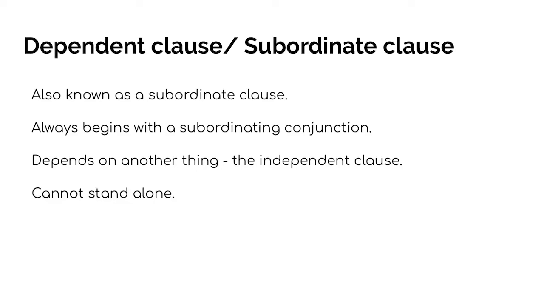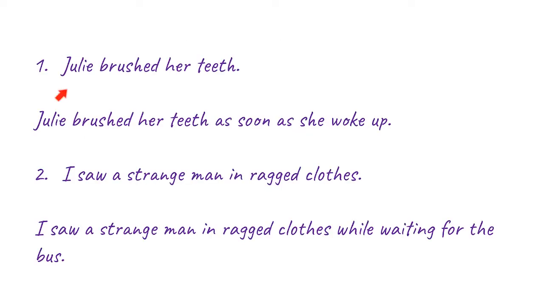For example, Julie brushed her teeth. As we discussed earlier, this statement is a complete thought and it can stand alone. So, we are going to join a subordinate clause or a dependent clause to this using a subordinating conjunction, and form a complex sentence. Read this.